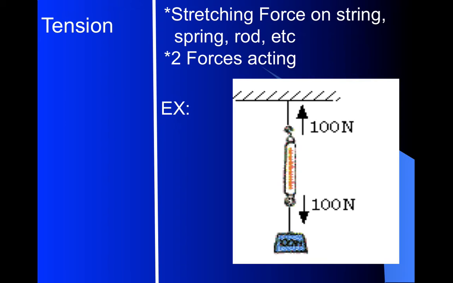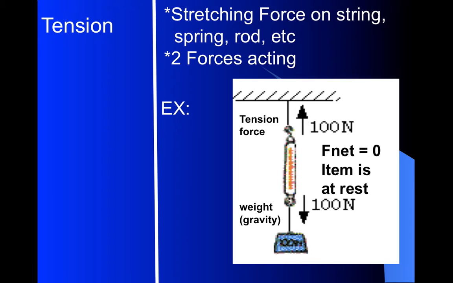We have a little spring scale, and at the bottom there is an object that has weight, and it's hanging from the ceiling, and it has a tension force of 100 newtons going up, and it also has the weight, the gravity force, pulling the object down. And so the net force of this is 0, and the item is at rest.